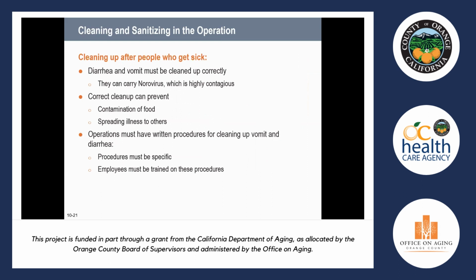To be effective, operations must have written procedures for cleaning up vomit and diarrhea. These procedures must address specific actions that employees must take to minimize contamination and exposure to food surfaces and people. It's critical that employees be trained on these procedures.